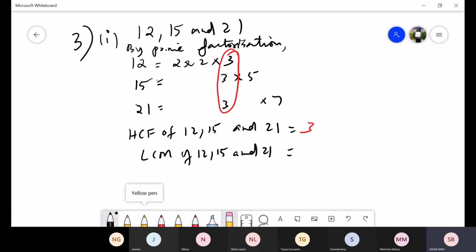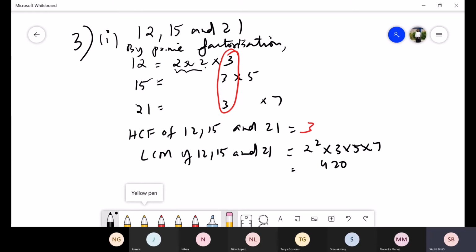So what will be the LCM here? See here you have 2 square, right? So we can write 2 square into 3 into 5 into 7. So 7, 4 into 3, 12 into 5, 60, 420. So LCM is equal to 420.